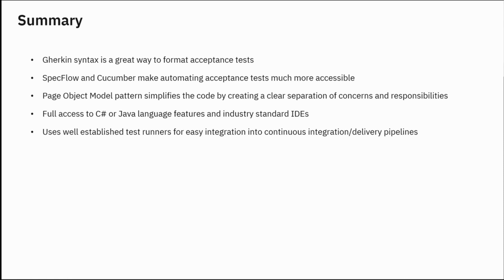So it uses well-established test runners for easy integration into continuous integration and delivery pipelines. So again, there's no complexity there. There's always a certain amount of configuration in wiring up third-party tools with CI pipelines. Some of them do it better than others.